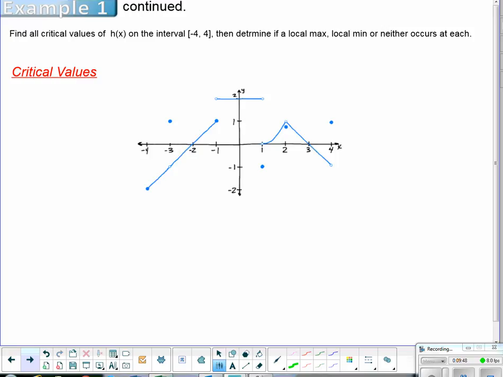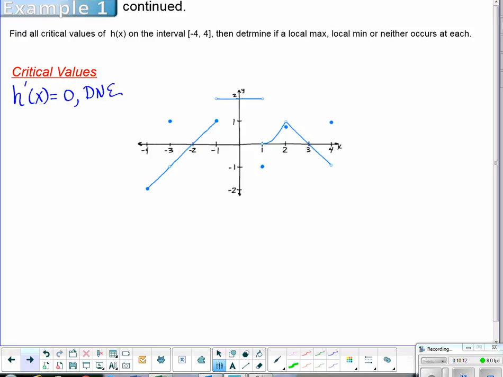Over here on the right, you see the picture shown. Find all the critical values of h on the interval, and then determine if each is a local max. Well, the critical values are going to come when h prime of x is equal to 0 or does not exist.